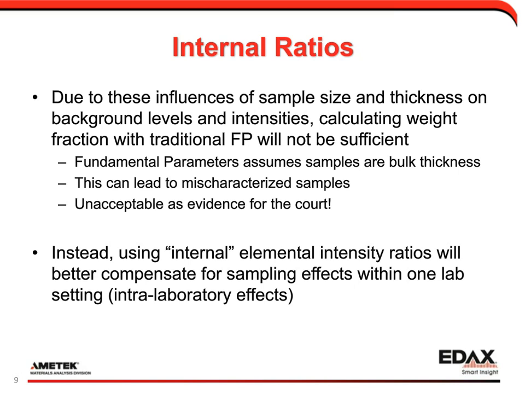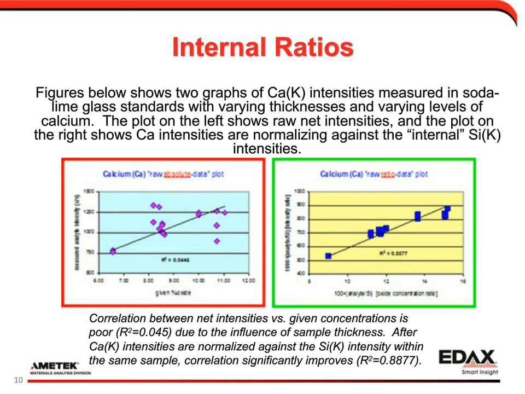We can see in the next slide an example of the benefit of using internal ratios. This example shows two plots. The one on the left is just the raw net intensities of various soda-lime glass standards of various thickness and different levels of calcium. As we plot the intensities versus the thickness, it is very scattered and does not have a very good correlation.